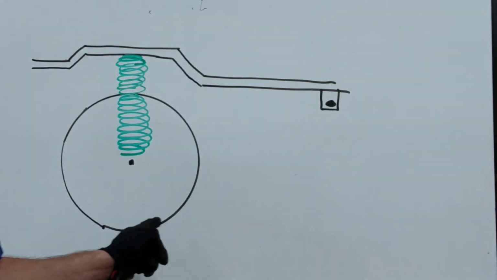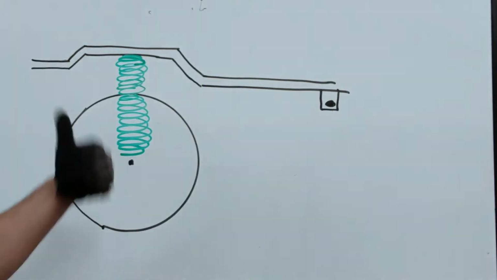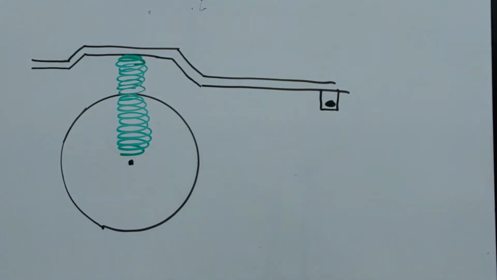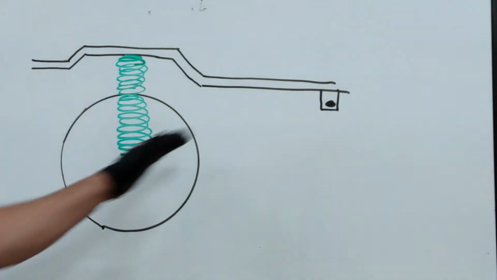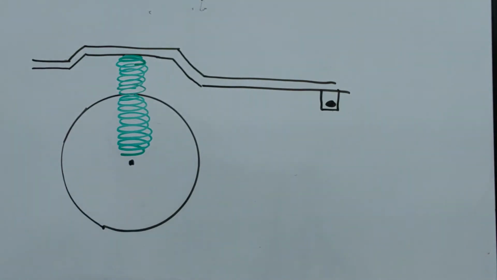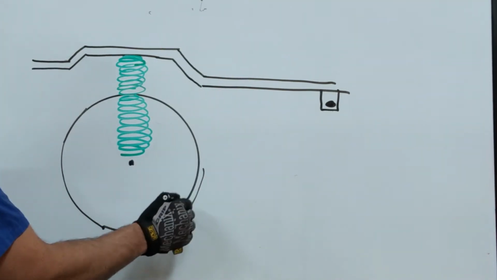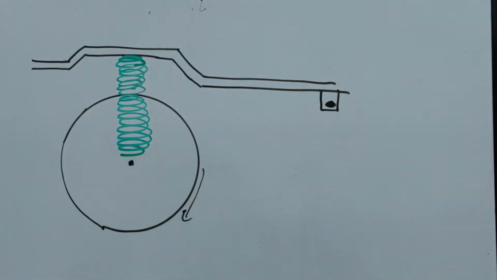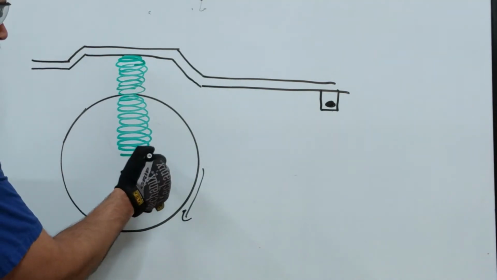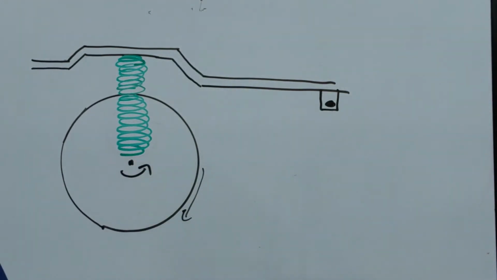This drive wheel wants to rotate. As power is given from the engine through the transmission, comes into the axle, and if the tire wants to propel the vehicle forward, the equal and opposite reaction of that is the axle wants to spin the opposite direction.